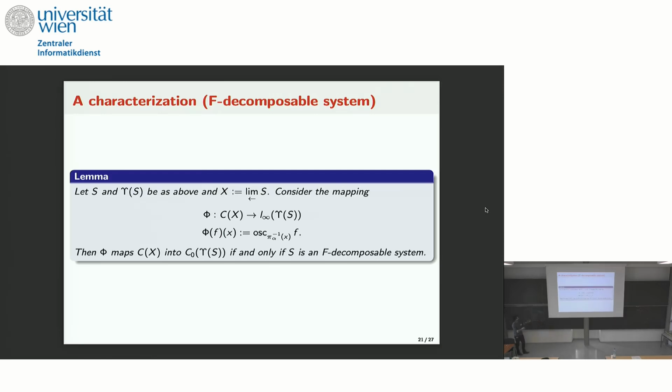We take the oscillation of the mapping over the corresponding fiber, and what we obtain, if we do this for all of them, is that this mapping phi, giving the oscillation over the fibers of every lower level, maps C(F X) into C_0 of the tree of the system, if and only if S is an F-decomposable system.